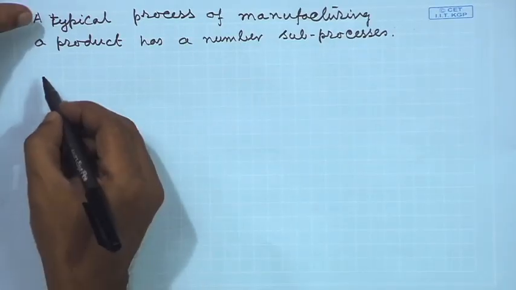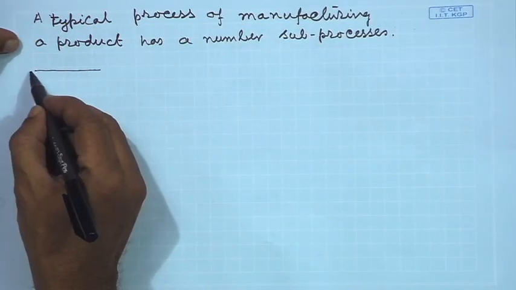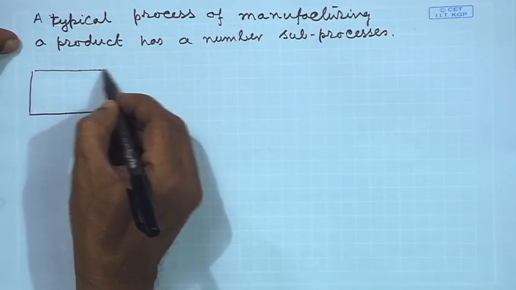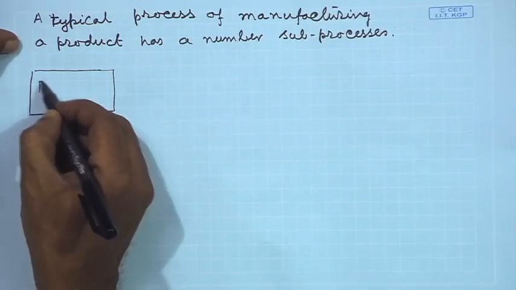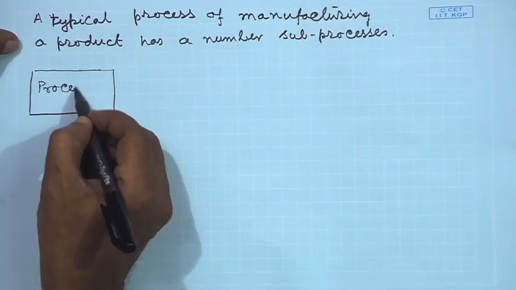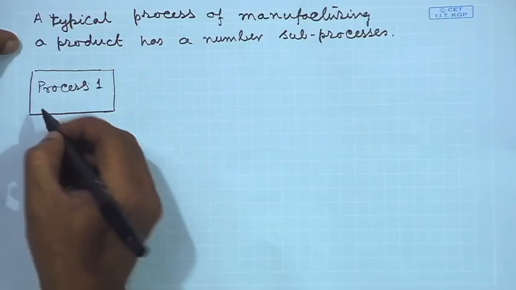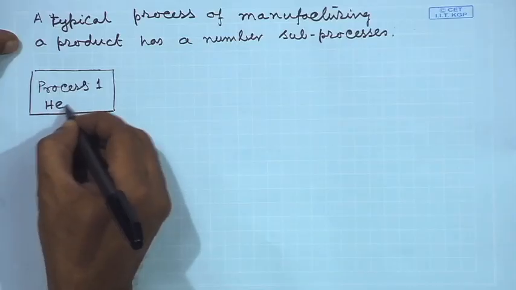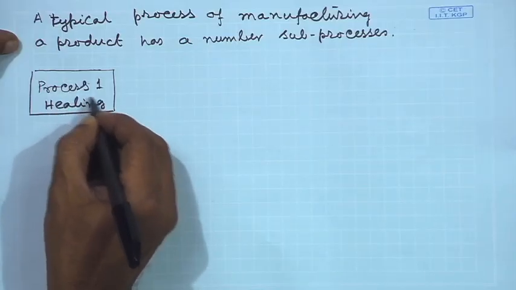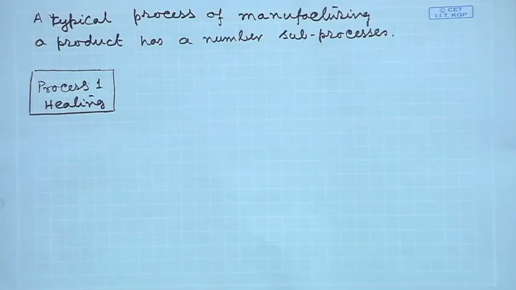So, let us say the process 1 is heating. So, we have to heat an object, okay.